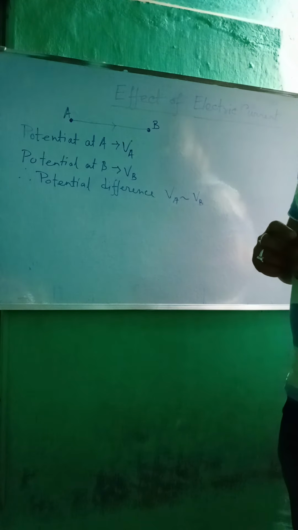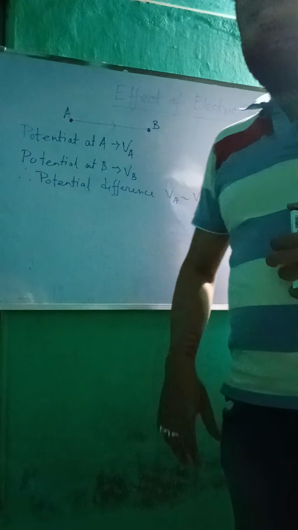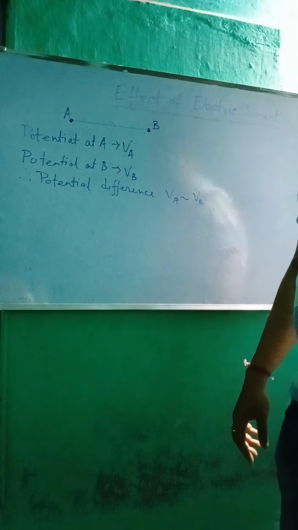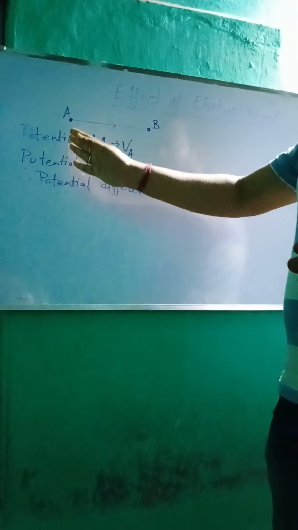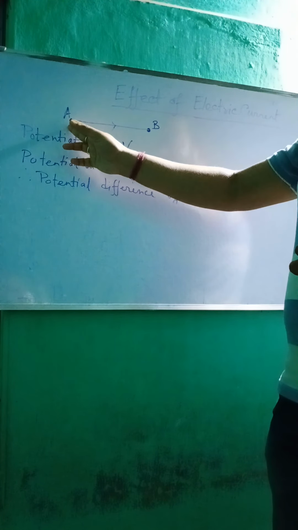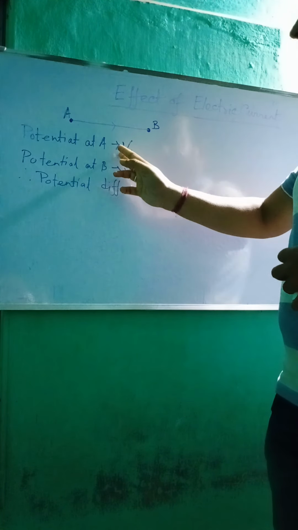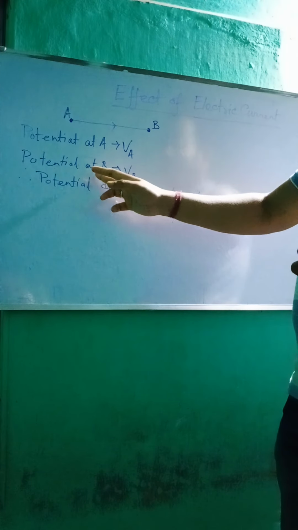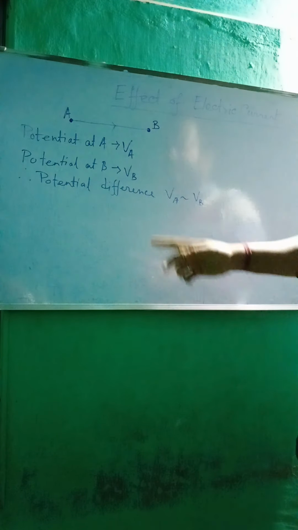A and B are the two points of a conductor, and suppose the electric potential at A is VA and the electric potential at B is VB.